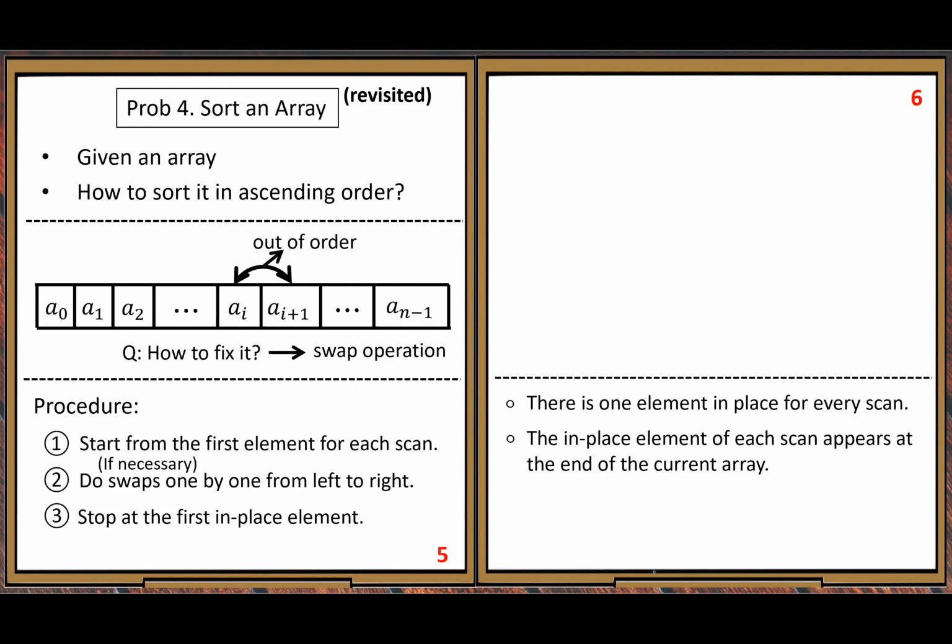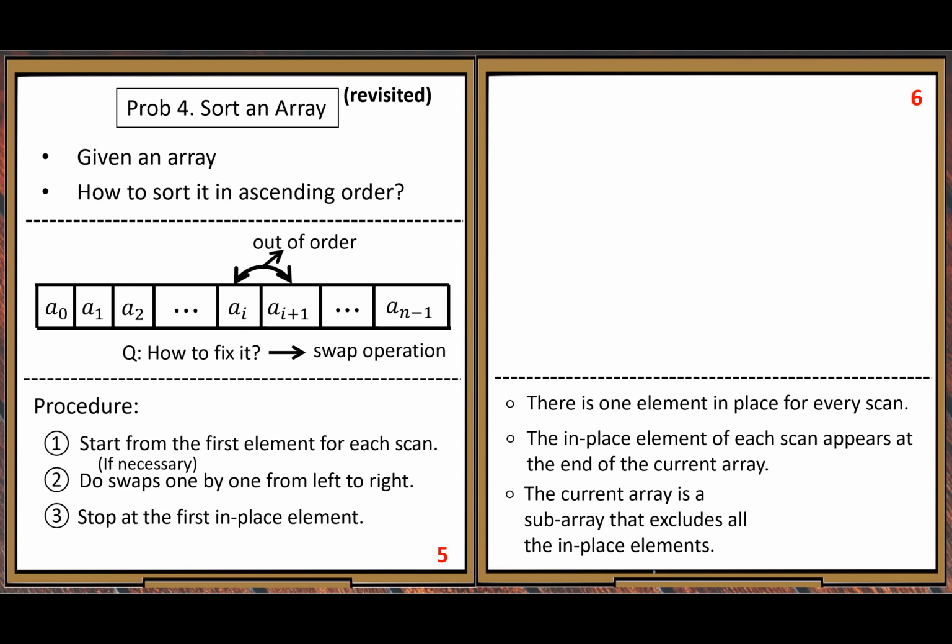Because we do local swaps, the largest element in the current array will be swapped to the end of the current array, and that is in place. Then the current array is a subarray that excludes all the in-place elements. You may ask me, what's the meaning of current array?